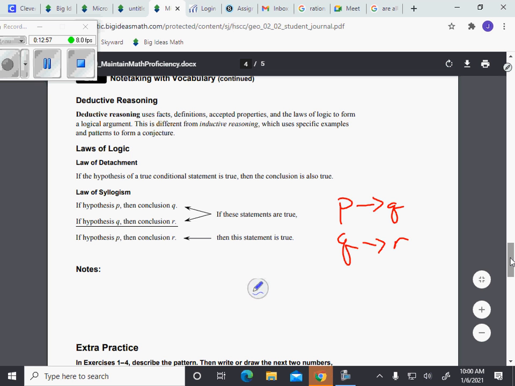Notice if P then Q. If Q then R. That Q is the same thing. Okay? If P then Q. If Q then R. Therefore, we can finally say if P then R. Okay? Again, we're going to get into an example of this here in a second.